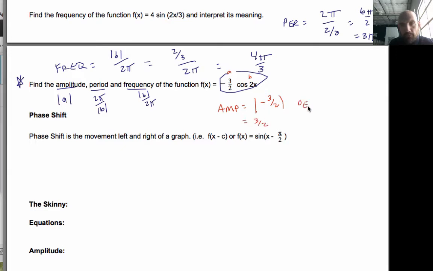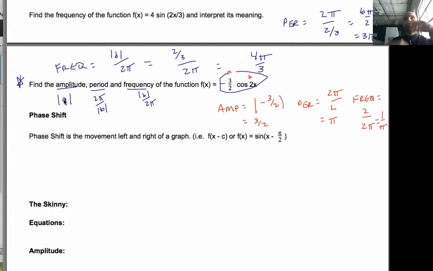My period is 2 pi over b, so over 2, which is pi, and my frequency is equal to 2 over 2 pi, which is 1 over pi. Okay, so there you go. That's exactly everything that we just did. It's taking those coefficients, understanding how all the pieces play together.